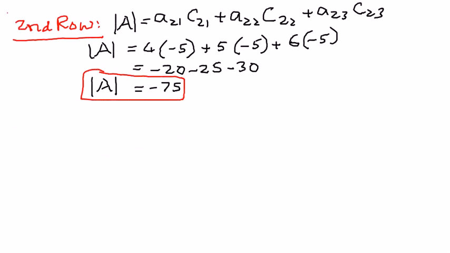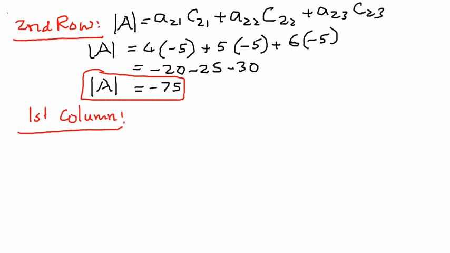What if we were to change the rows and then go to a column this time? Let's say we want to expand it by the first column, and then when we expand it by the first column, will we get the same determinant? We'll see.